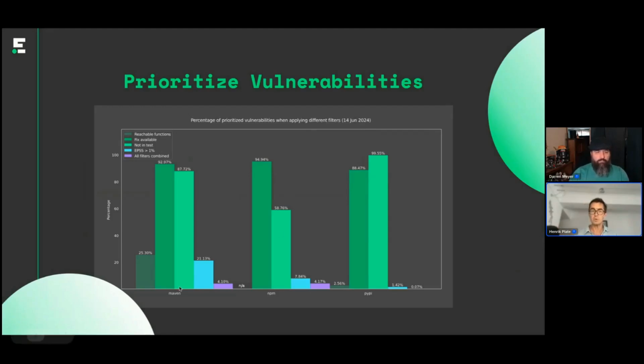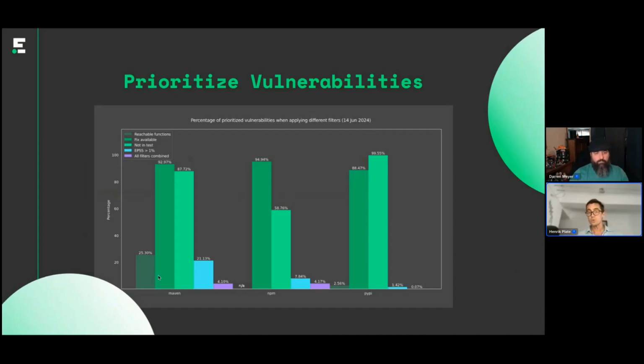If you look at those bar charts, you see that the best prioritization criterion is by far reachable functions, right? Which means you start looking at vulnerabilities where the vulnerable function can be reached, can be executed in the context of a client application. And the other very effective prioritization criterion is the EPSS score.